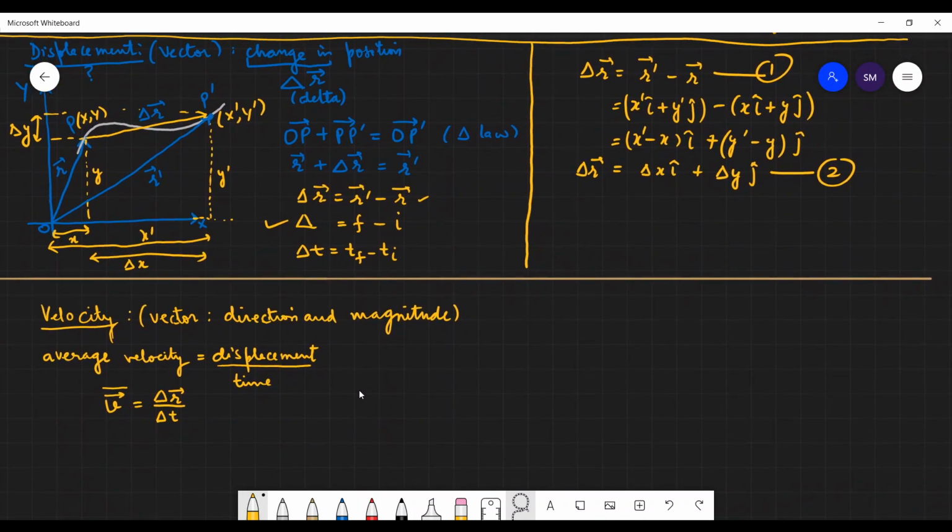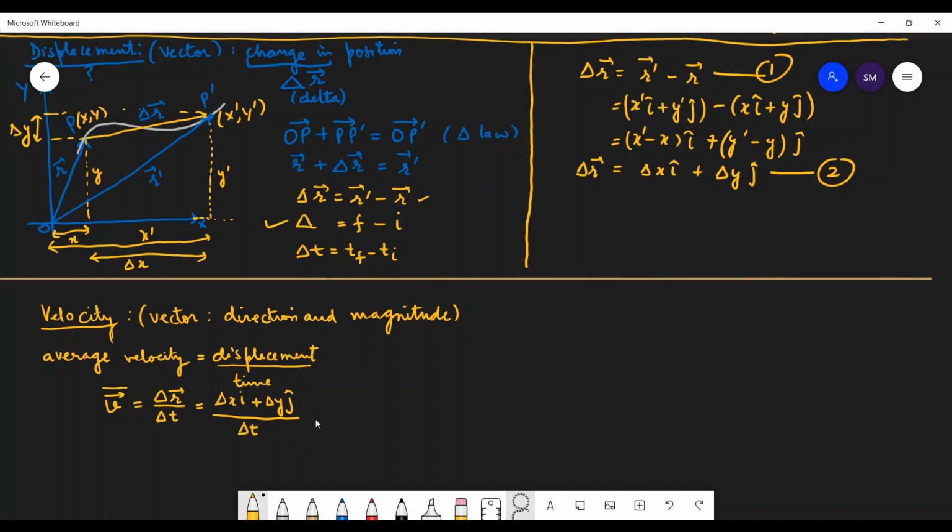This was our equation 1, and this is our equation 2, so we'll write r in terms of displacement on the x-axis and y-axis. So it will become delta x i cap plus delta y j cap divided by delta t.